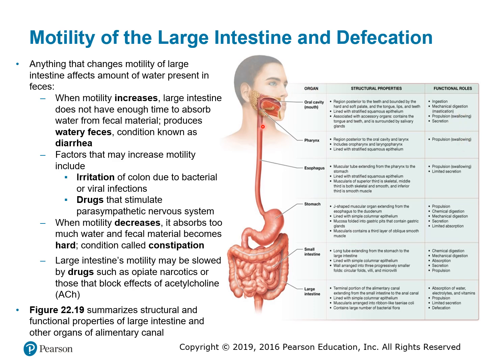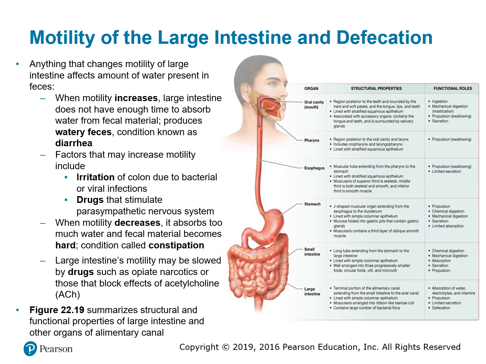Then it's going to go through the pharynx and the esophagus, and in the stomach, where propulsion, chemical digestion, mechanical digestion happen, secretion, and also limited absorption. And then it's going to go through the small intestine, which is this portion here, smaller in diameter compared to the large intestine. Chemical and mechanical digestion happen, most of the absorption happens here, secretion and propulsion.